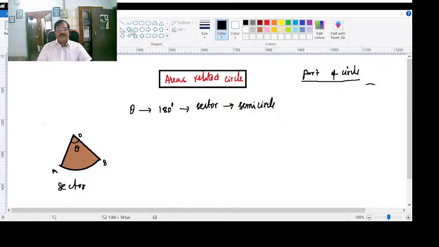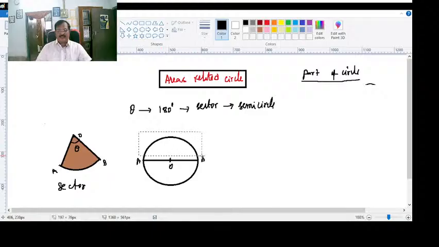So very simple, I'll draw it and show you. This is a circle, and this is a diameter AB, and this is the center. Now I will divide it. I'll cut the circle with my cutting tool.